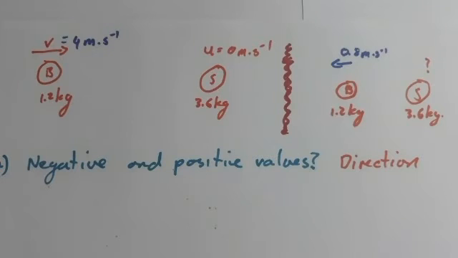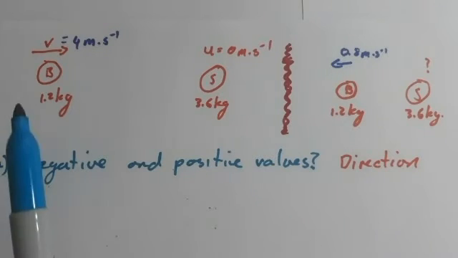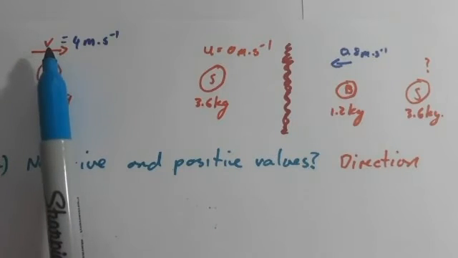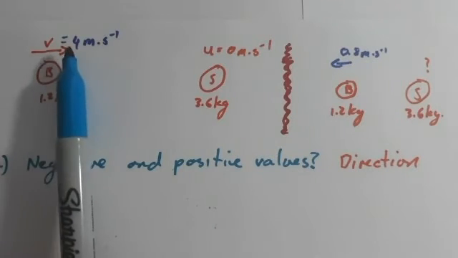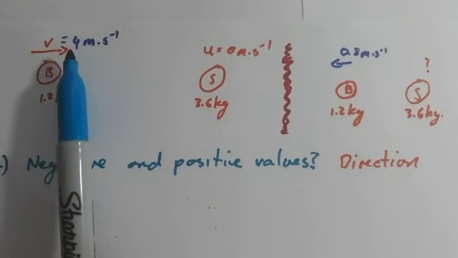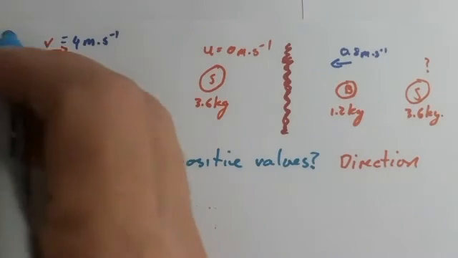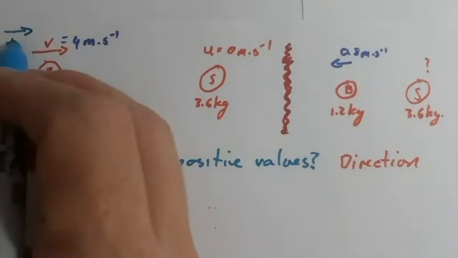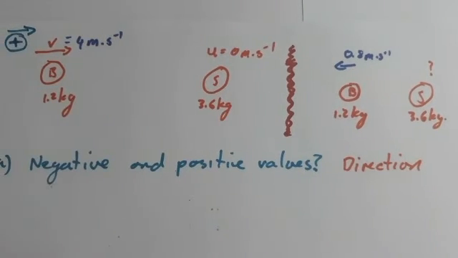They start off by saying, listen, we have this ball B, 1.2 kilogram. It has a velocity. You need to refer to the graph to get the velocity. They say from the graph that is positive 4. So immediately they also hint that there's a specific direction that you need to consider, and the initial direction of ball B is positive.